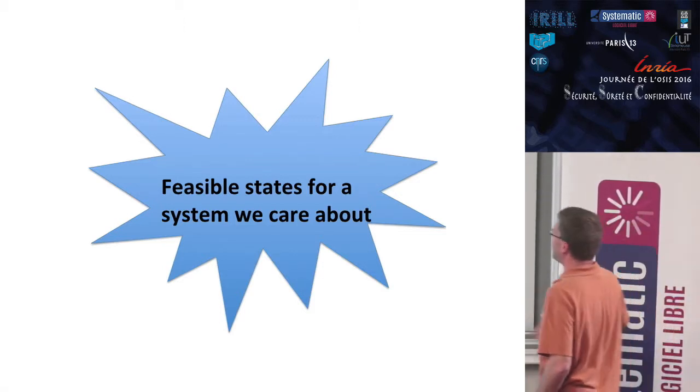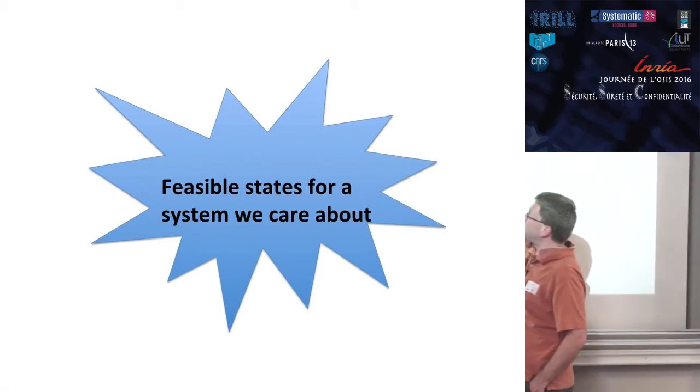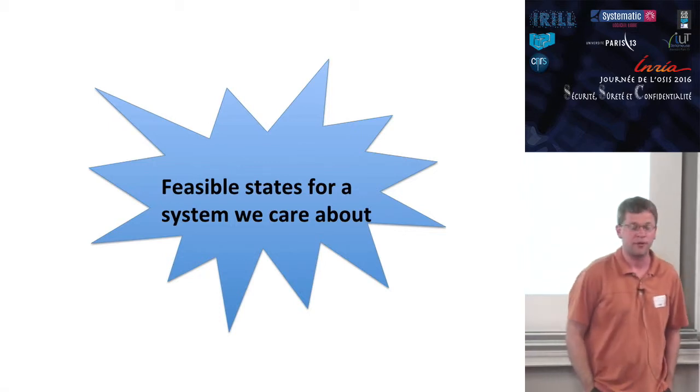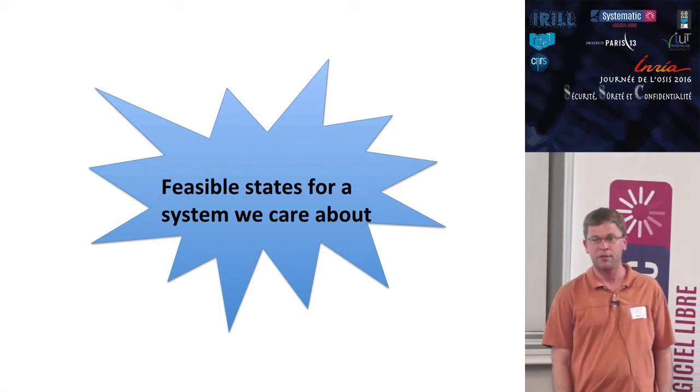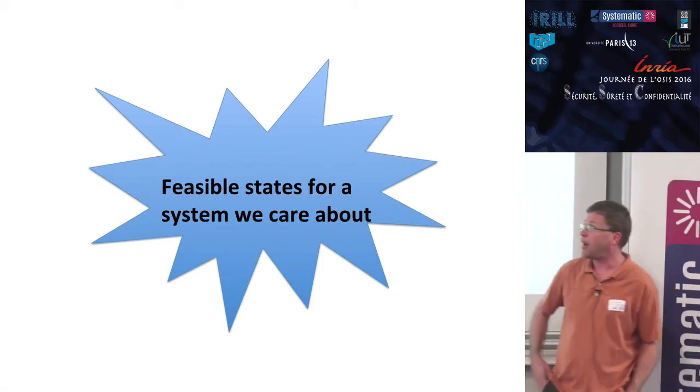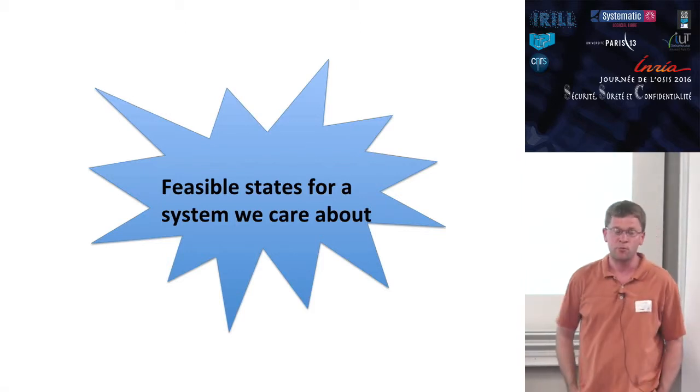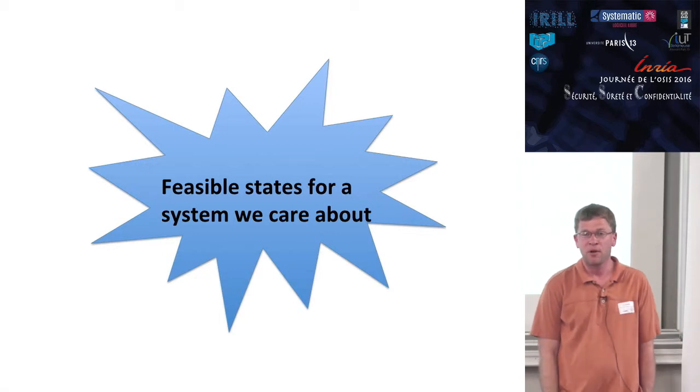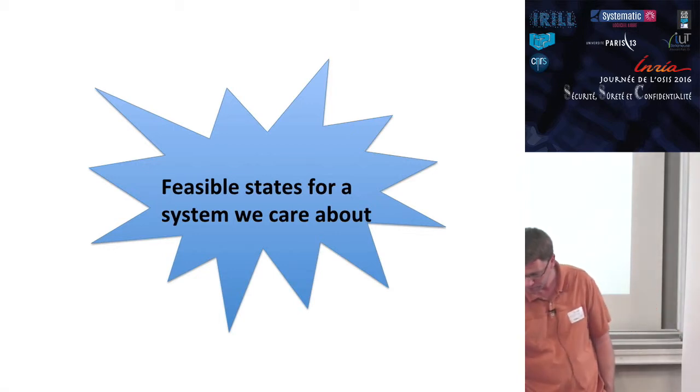Figuring out whether a particular state that's near the border is really feasible is extremely difficult, and a lot of our problems in computer science and in information assurance come down to trying to more precisely determine what states of a system are feasible.